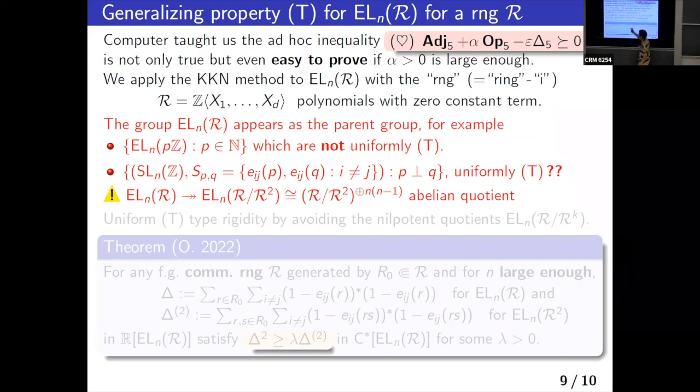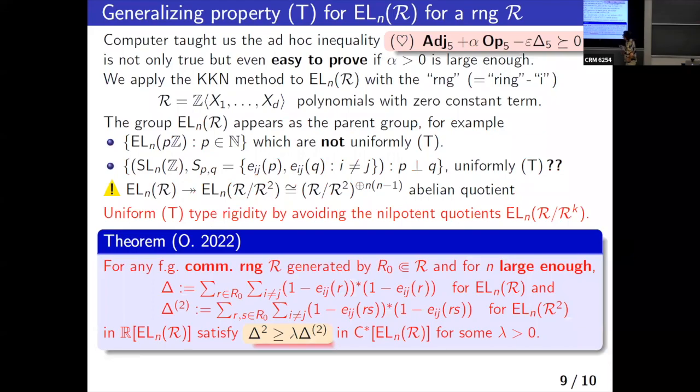And in fact, EL_N(R) has a huge, large abelian quotient. Just R over R squared is an abelian group, with zero product. Or R over R^k is nilpotent. So this is not uniformly property T because it has larger and larger finite abelian quotients as p goes.